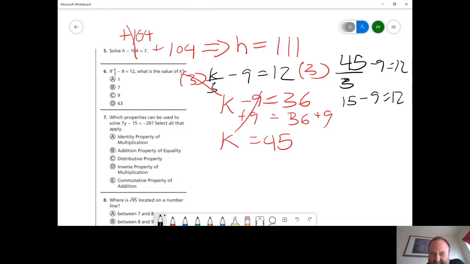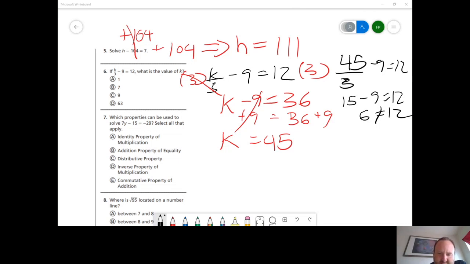Well, 15 minus 10 would be 5, so minus 9 would just be 6. 6 does not equal 12, so Houston, we have a problem.